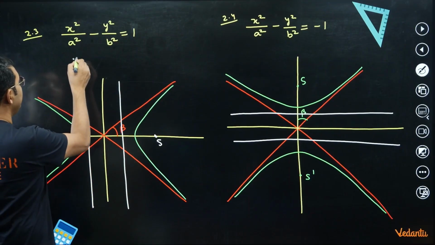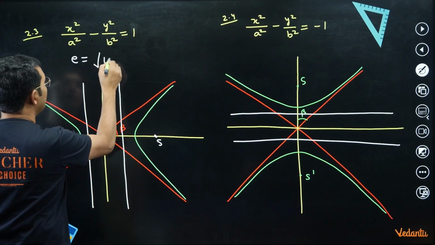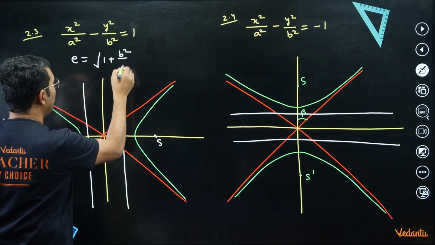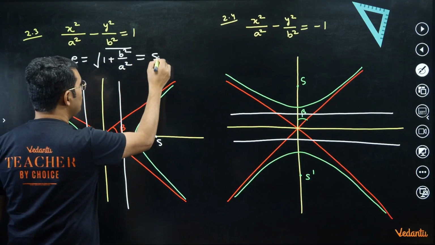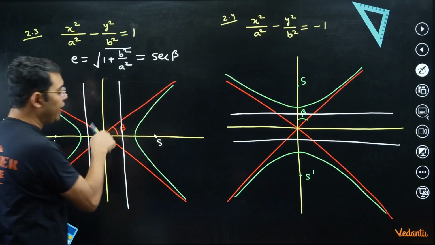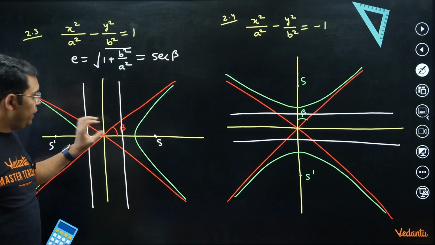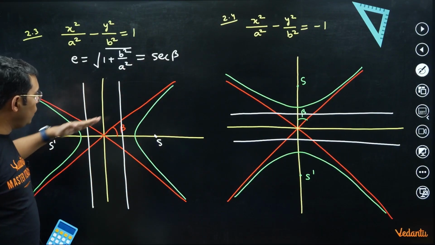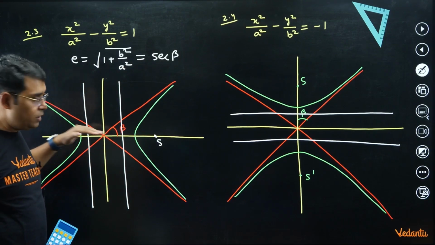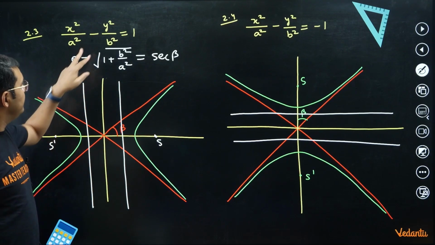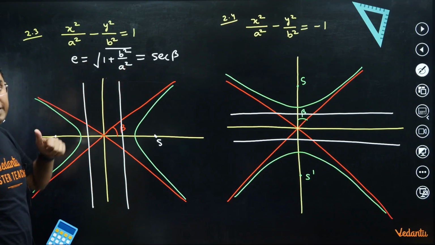Now the eccentricity in this case will be root over 1 plus b square upon a square, and that is also equal to secant beta in the diagram. The beta that I have shown you in this diagram, where the asymptote is meeting the transverse axis of the hyperbola at angle beta, then eccentricity will be secant beta also.